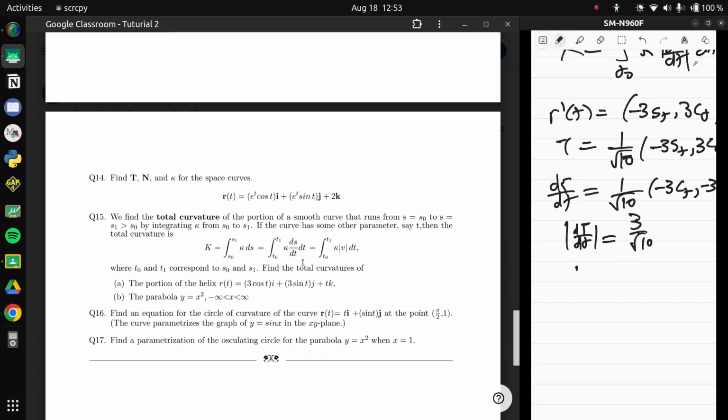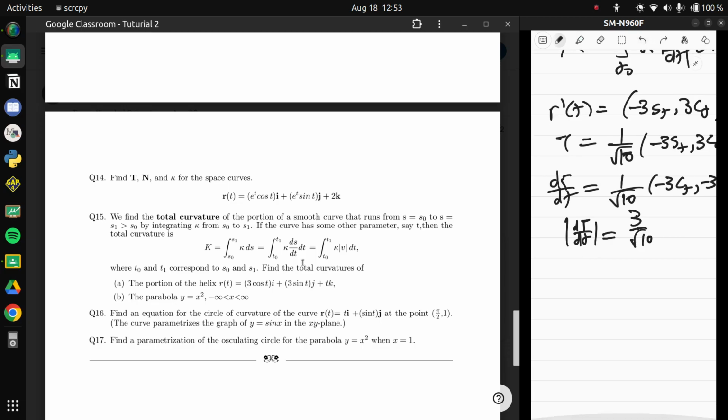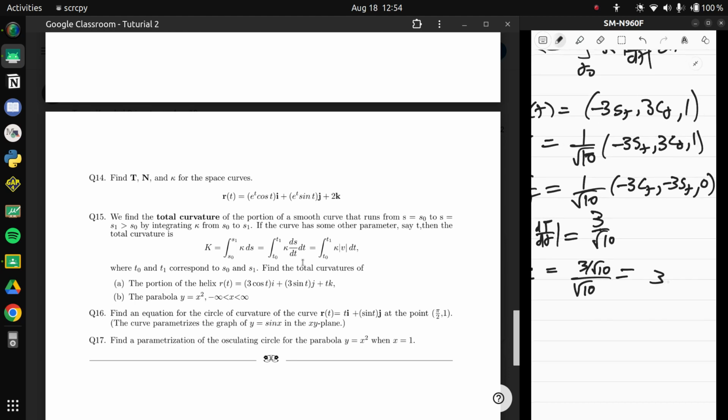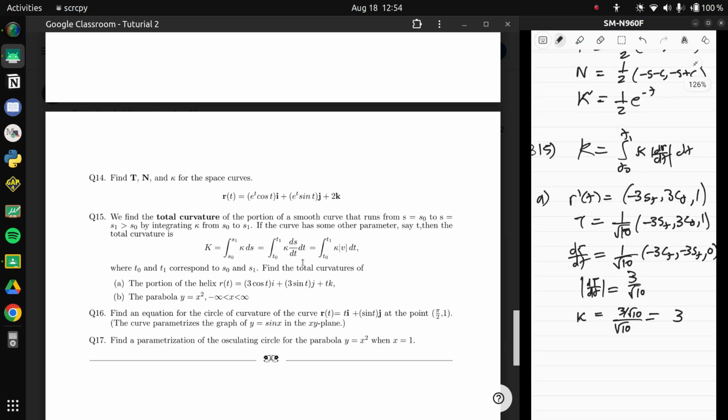Then you also want the magnitude of dr upon dt, so basically just r dash, which was square root of 10. So just this thing upon that, so your kappa just happens to be 3 by square root of 10 upon square root of 10, which, guess what, is just 3. This is getting really old, isn't it? Whatever. So just 3 is the value. Wait, what? Oh, it's a number. That was unexpected. A helix has just, oh, this is unexpected.